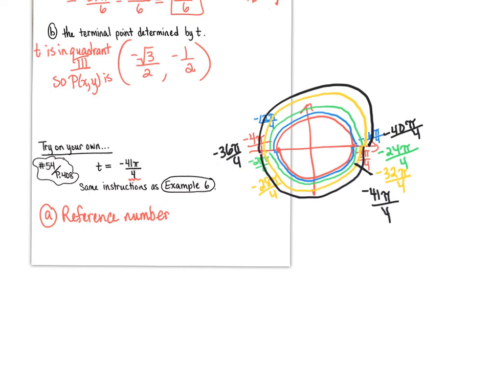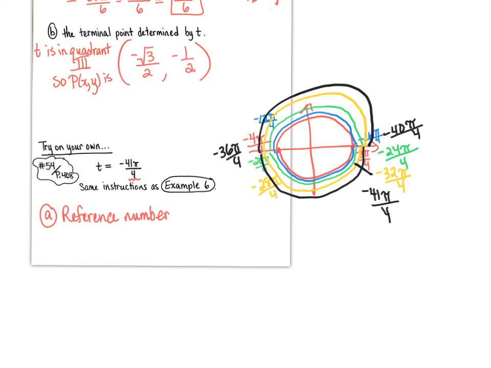It will help you to think in terms of what your possibilities are. What are your possibilities for quadrant 1? Your angles. Would the reference angle be pi over 4? Yes, it will. It will be pi over 4. Now, think about how many times we went around. We can look at our colors.